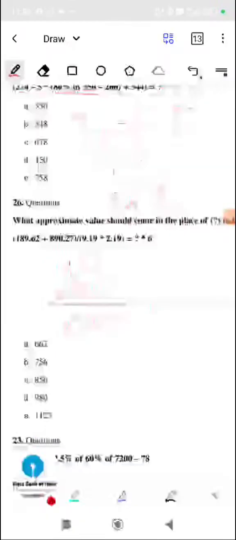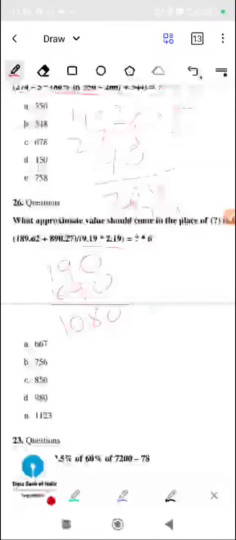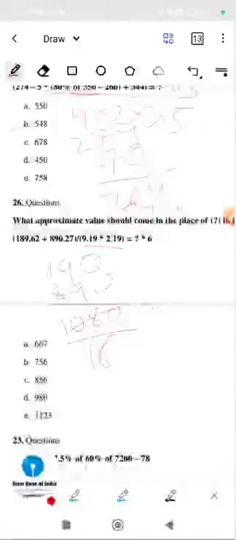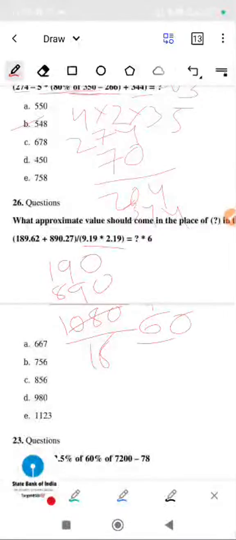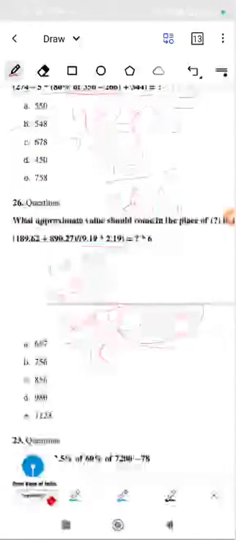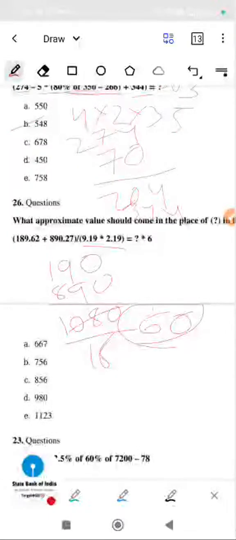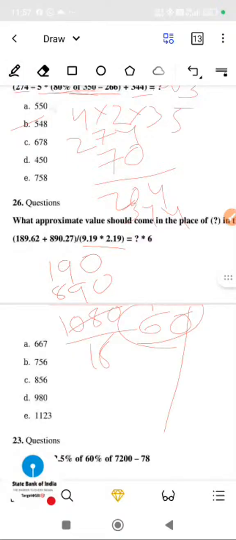1080 divided by 9 into 2 times, which will be 18. 18 6 times will be 108, so answer will be 60. So 60, wait a second, 60 divided by 6 we get 10. Sorry, here we get again the question of 23.